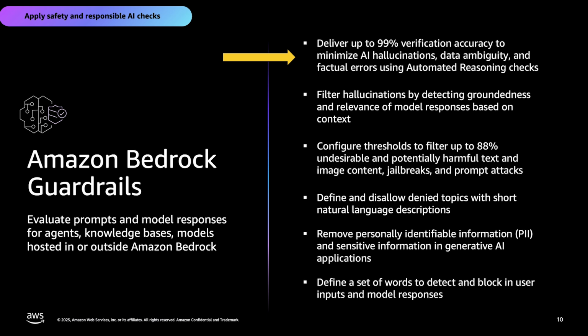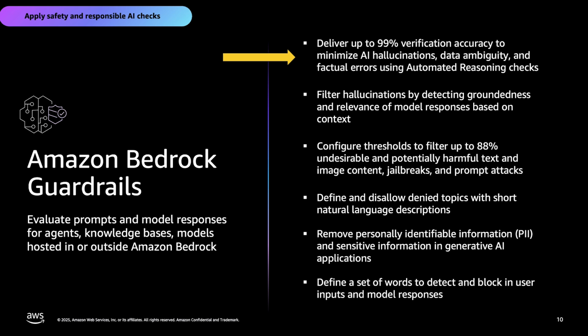Guardrails for Amazon Bedrock enables you to implement safeguards that are tailored to your application requirements and aligned with your responsible AI policies. Guardrails work with a variety of foundation models on Bedrock, and you can configure thresholds to filter harmful content to varying degrees.